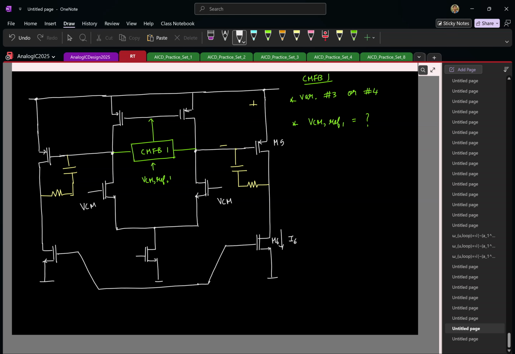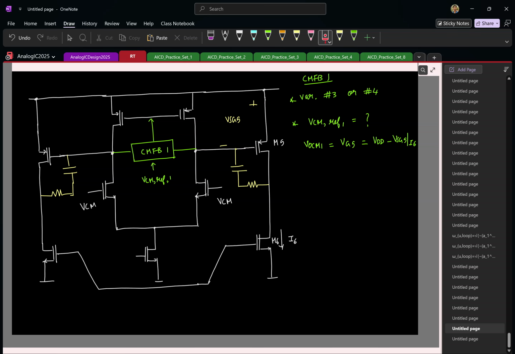So the output common mode at the first stage, which is same as the gate voltage for the second stage, VG5, should be equal to what value now? It needs to be biased with the current I6. So what should be the voltage? VDD minus VSG of M5 at a current of I6.